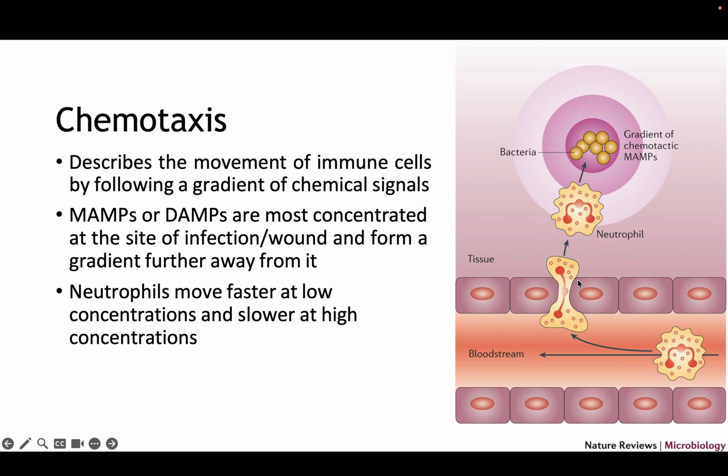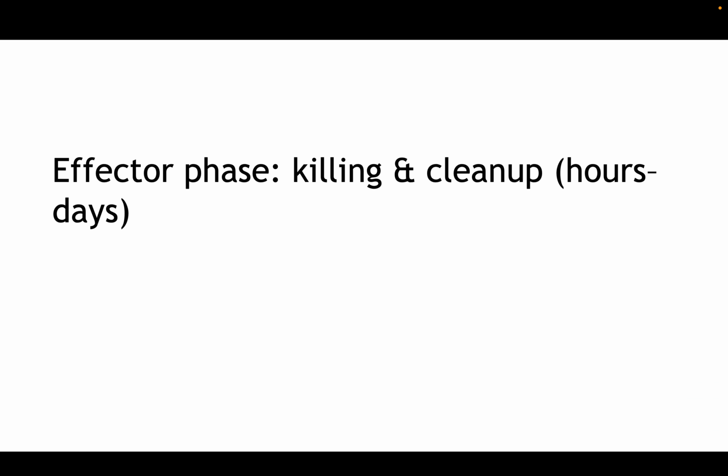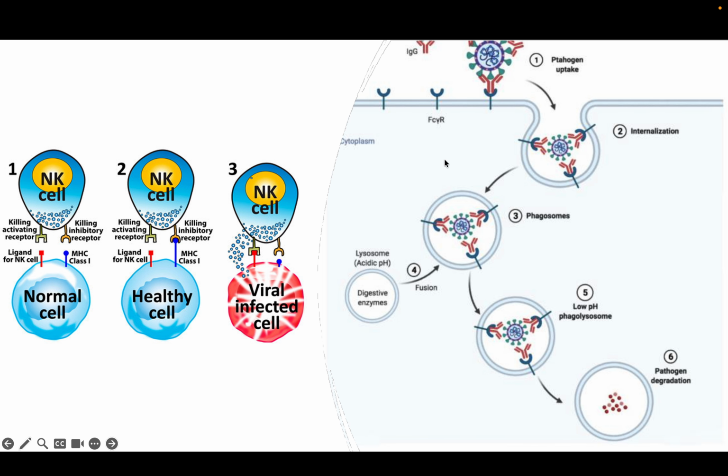So they're making them come to the area where there's a lot of chemokines. And then once you've brought all of these cells, it's time to kill. If you attract NK cells, the NK cells start to kill through the release of perforins or granzymes, or then you have phagocytes coming up like neutrophils eating up everything that is inside there.